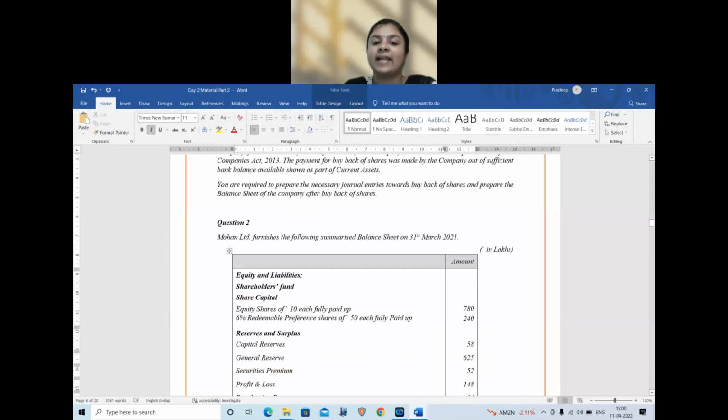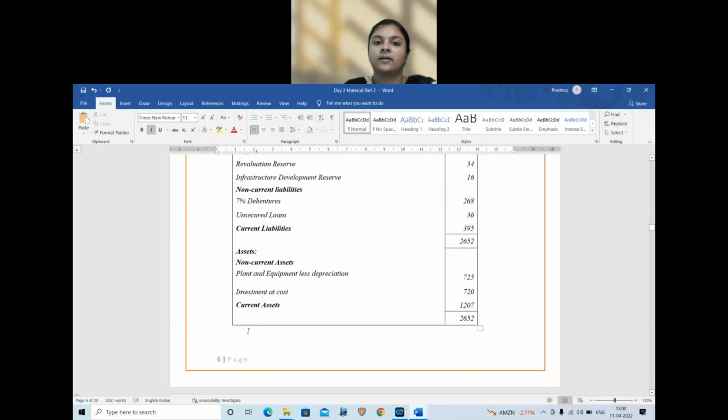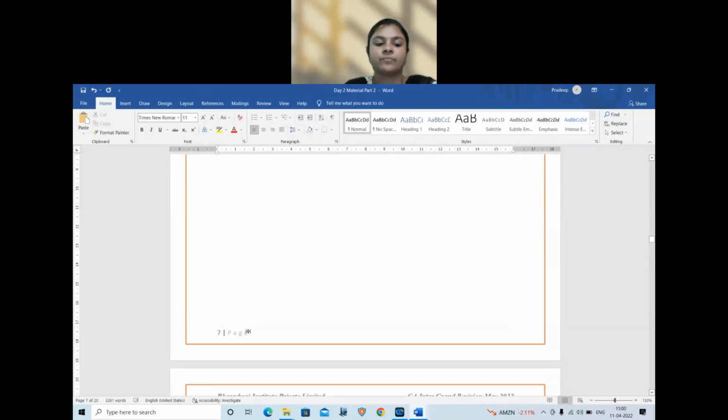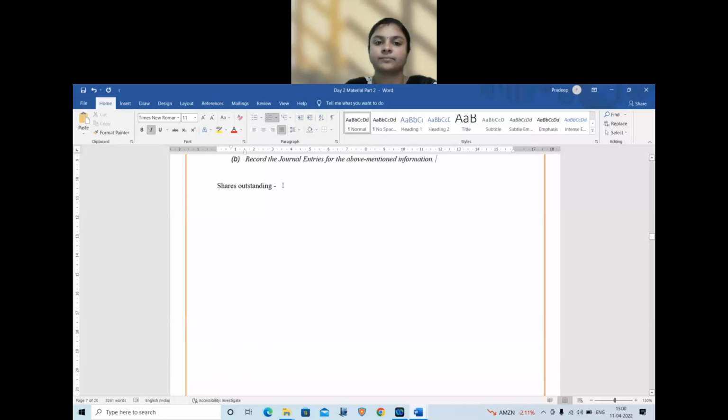So 78 lakhs, correct? 78 lakh shares into 25%, which gives us 19.5 lakh shares. 780 is the equity share capital divided by 10.